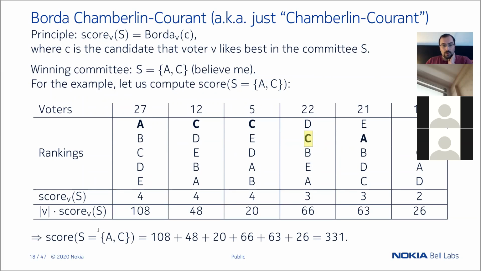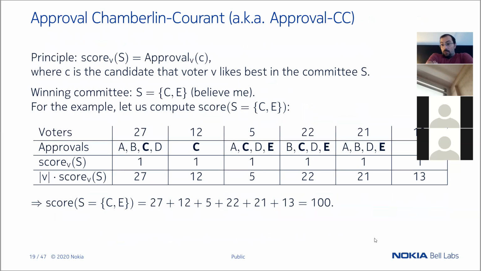So finally, you can check that the score of the committee AC is 300. Similarly, we can apply exactly the same idea to approval voting.